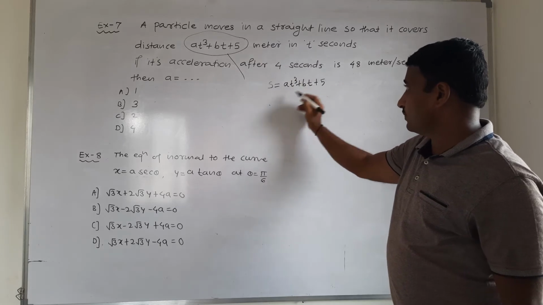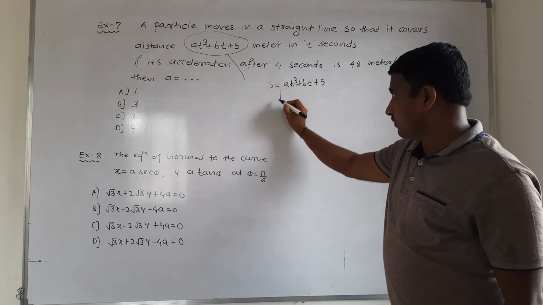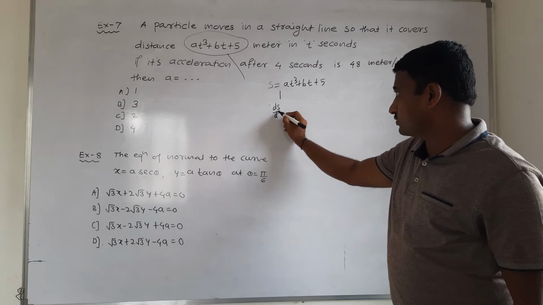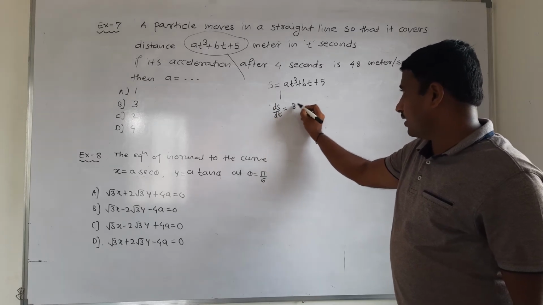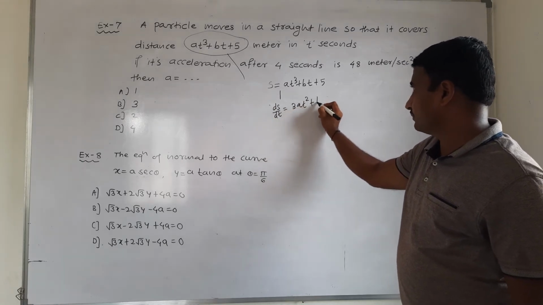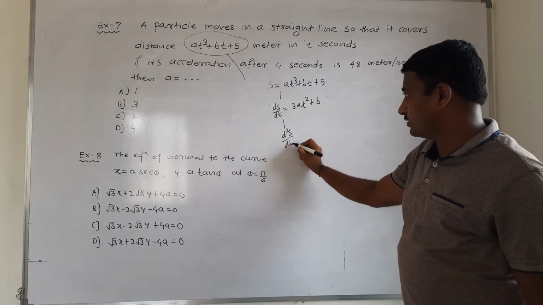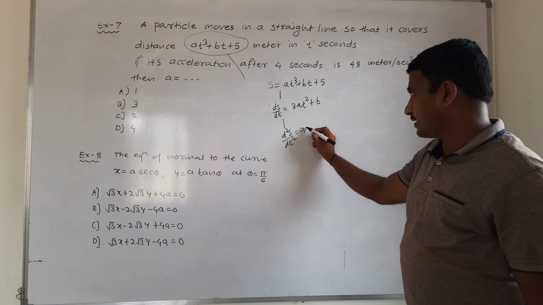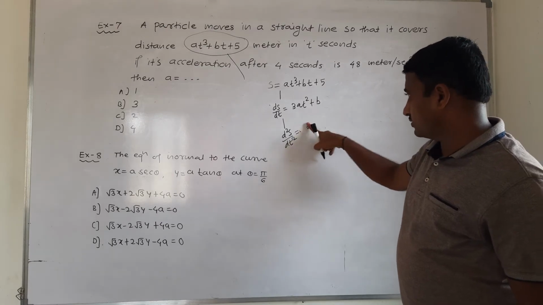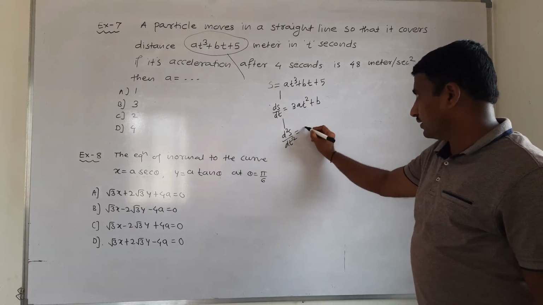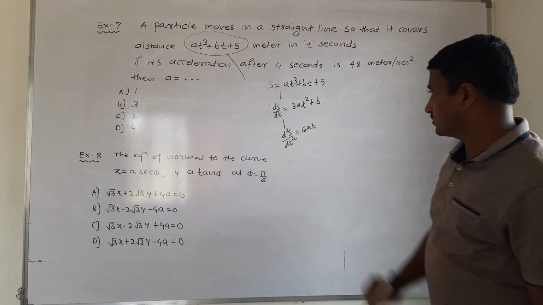Its derivative is velocity, ds/dt equals 3at² plus b. Again its derivative gives acceleration, d²s/dt², that is 6at.